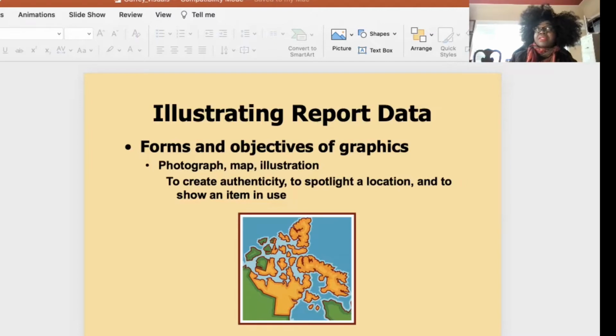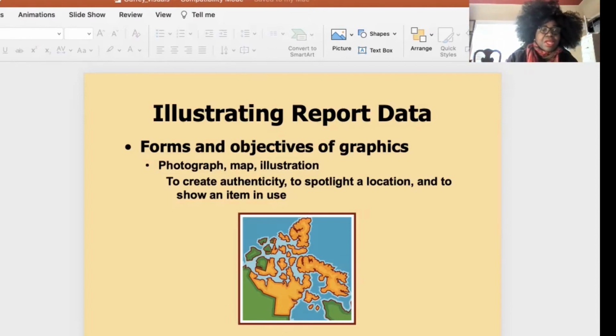Or let's say you want your audience to see a picture or an illustration or a map or a photograph or something that they don't know or they may not be familiar with. Let's say you wanted to show 2 geographical areas and you want to show the distance, you want to show the whatever. If that's the case, then it's time to use a picture.